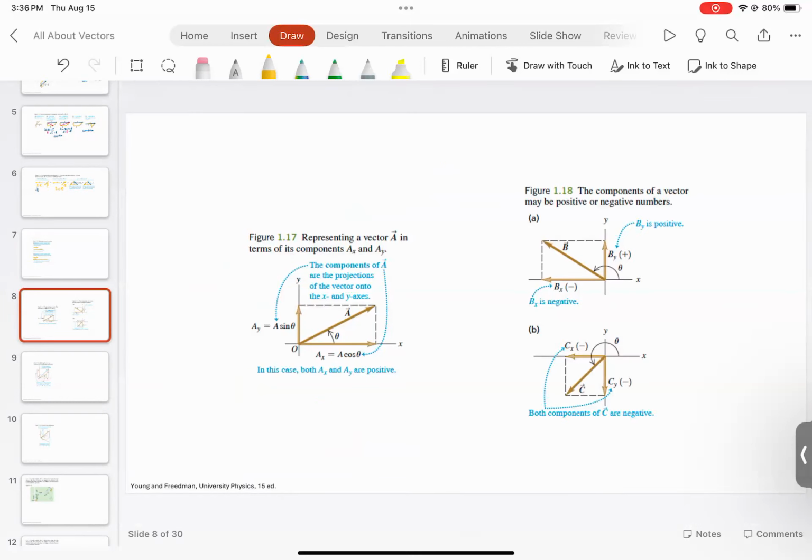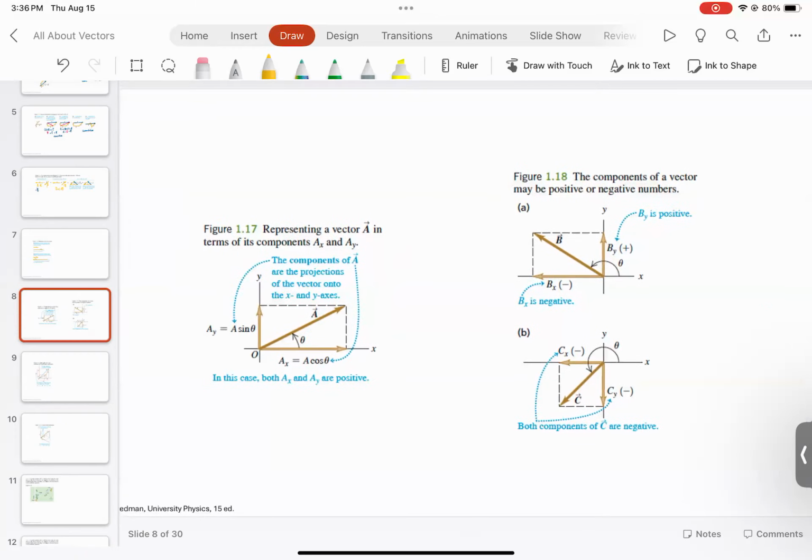Okay, so now that we know how to add vectors graphically, makikita natin na may mga limitations sa paggamit ng method na yon. Kasi ano bang limitations? First of all, kung papansin nyo, parang tinatansya-tansya lang natin yung mga magnitudes, di ba?